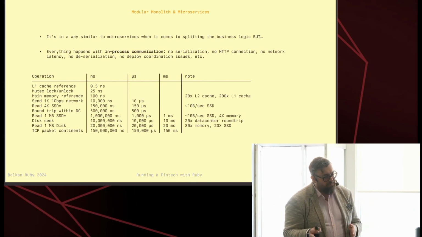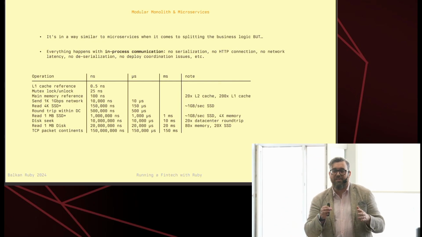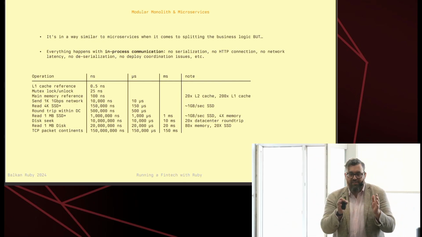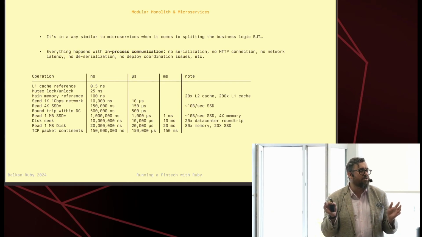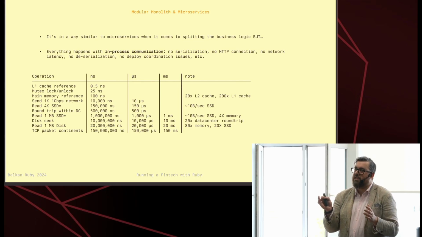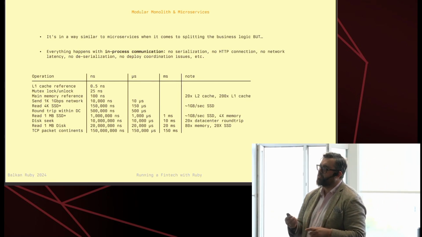HTTP has a lot of overhead, a lot of complexity, and if you're simply defining the boundaries between your business logic, very often you don't need completely separate services. You just need clear boundaries. There is no need for making a TCP round trip between data centers or something like that.